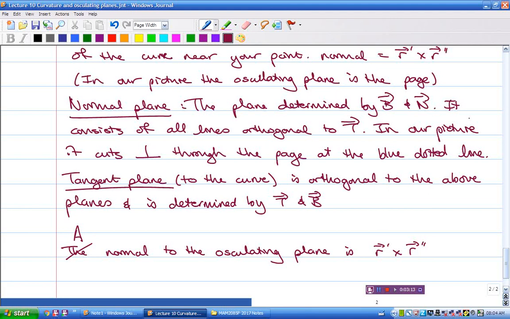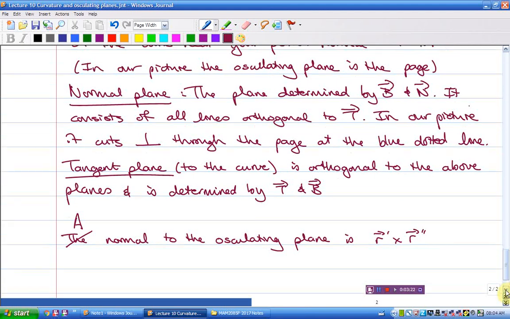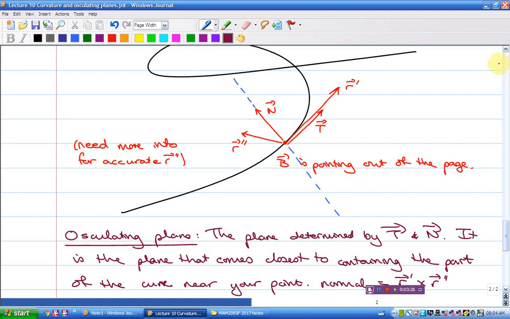They'll all be parallel to one another, but they could be different lengths, and some could point up and some could point down, and so that gives us ultimately infinitely many. All right, and just to go back up to the picture, R dash and R double dash are lying on the page. If you cross them, you end up with a vector that's sticking out of the page, and hence that vector is usable as a normal to the plane that is the page.